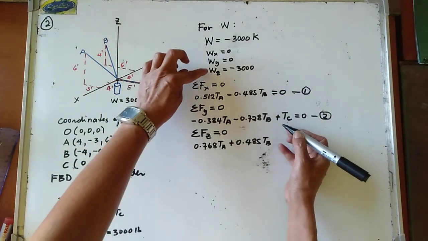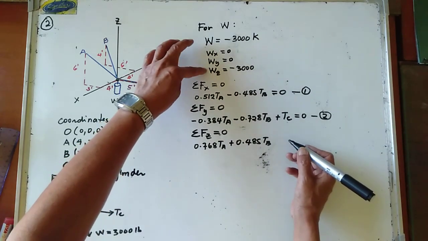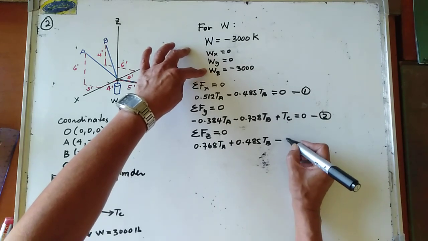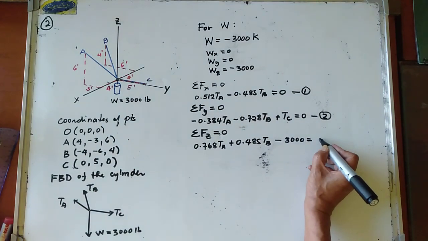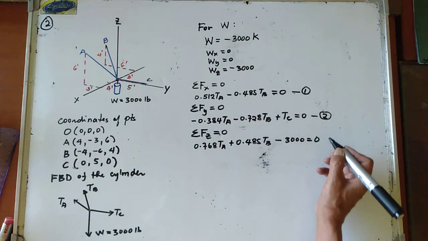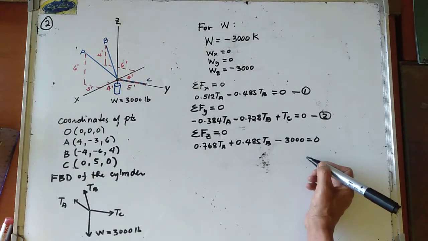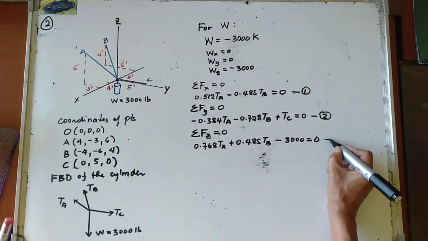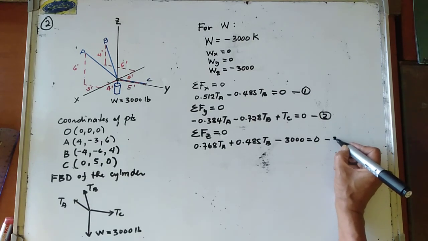And then your WZ is equal to minus 3,000 pounds. So the sum is equal to 0. Let us consider this one as equation 3.